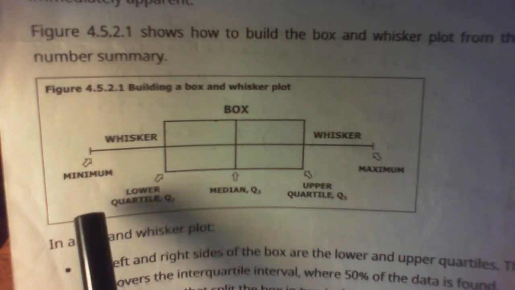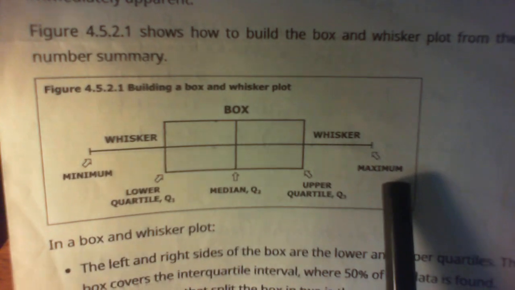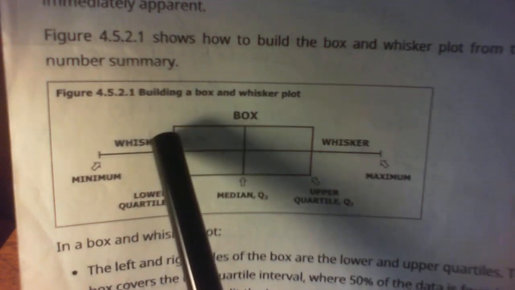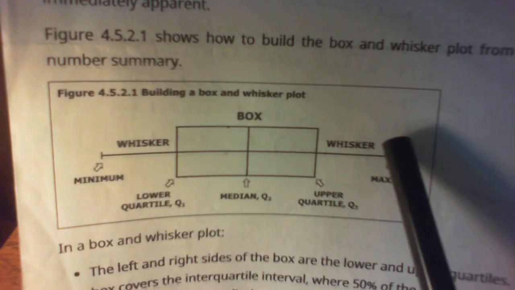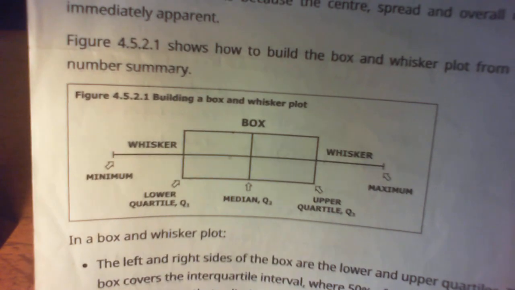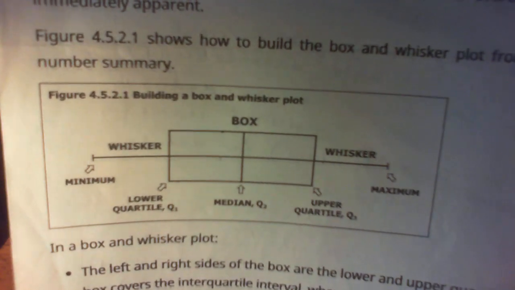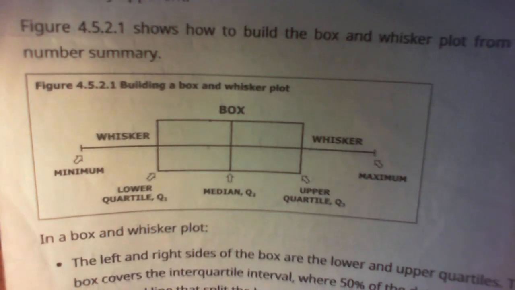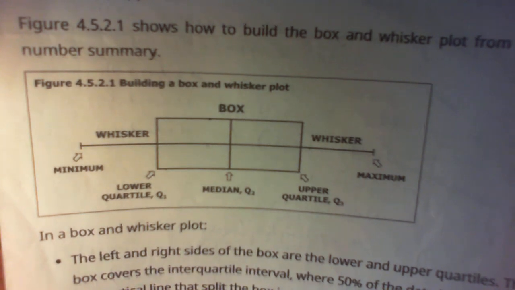And these whiskers go up to the absolute minimum data and the absolute maximum data. So of whatever group you had, a quarter of the data items will be in here, a quarter in here, a quarter in here, and a quarter in here as well. To me, that's fairly straightforward. It's a good visual image of not just the average, but how much the data is spread around the average as well.